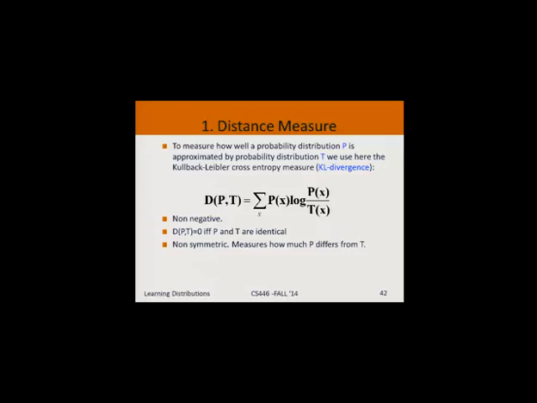I have to think about it. Does someone see an argument for why this is always non-negative? Okay. So we need a pencil to think a little bit about it, but it is non-negative.